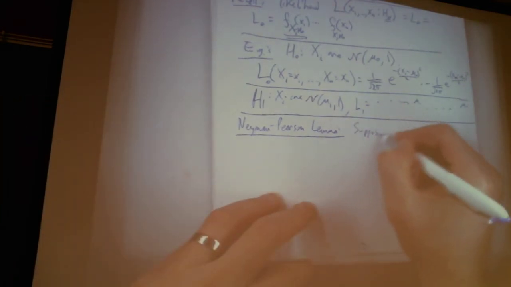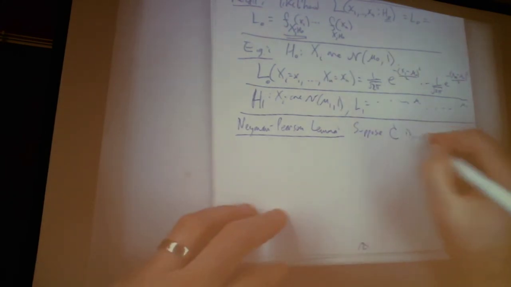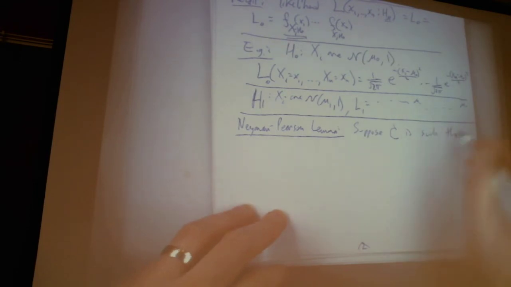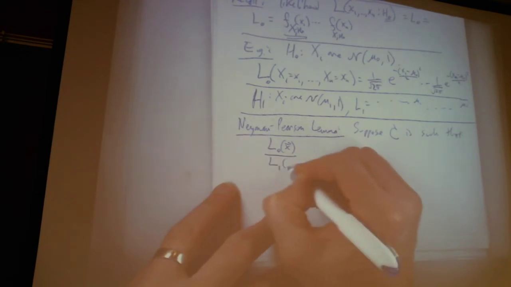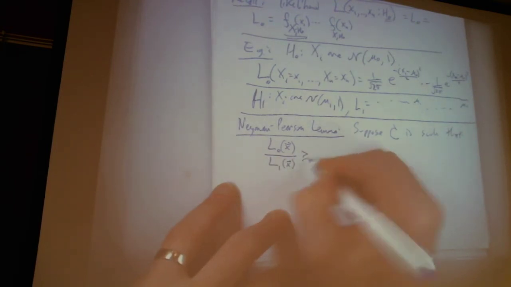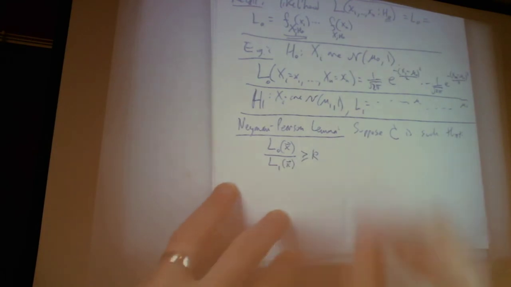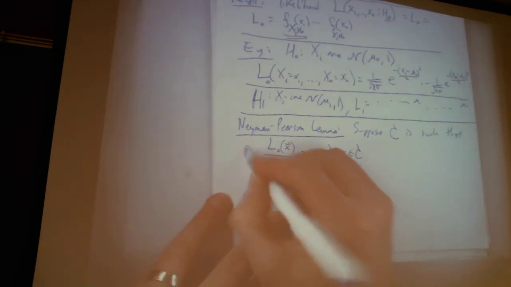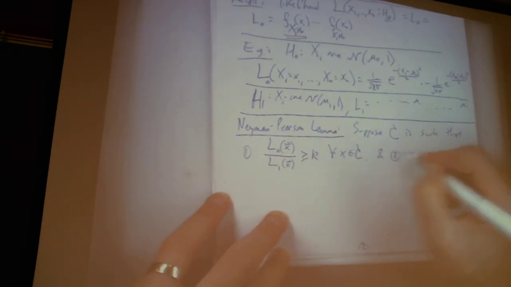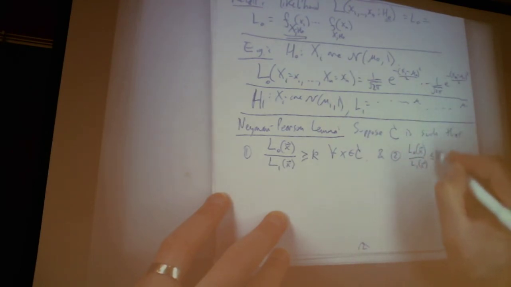Suppose your critical region is such that L0 of the outcome divided by L1 of the outcome is at least some constant for all x in the critical region, and L0 divided by L1 is at most that same constant for all x outside the critical region.